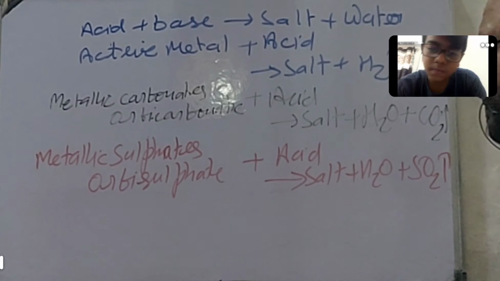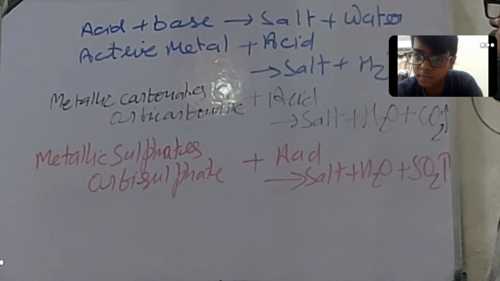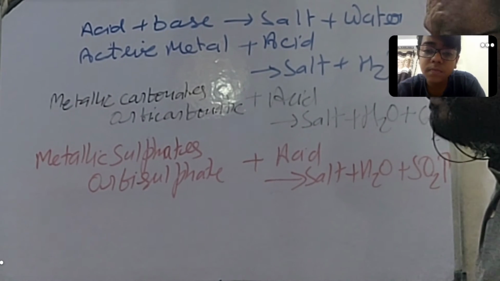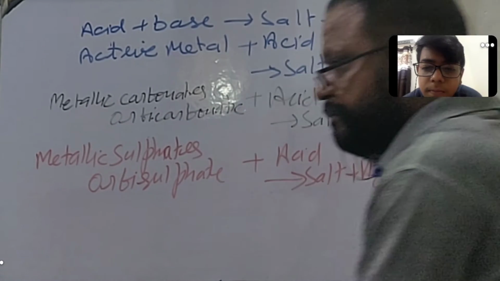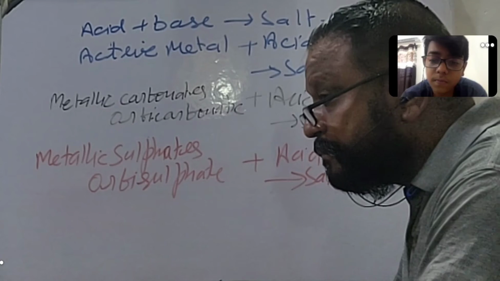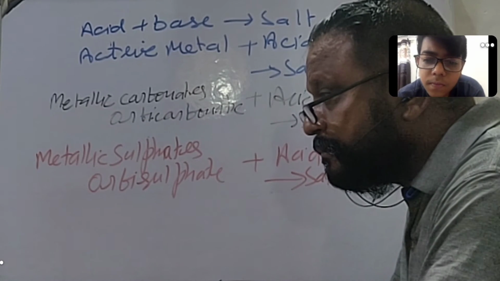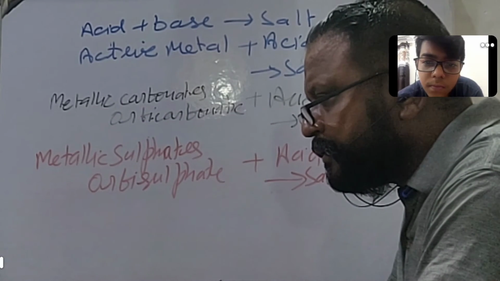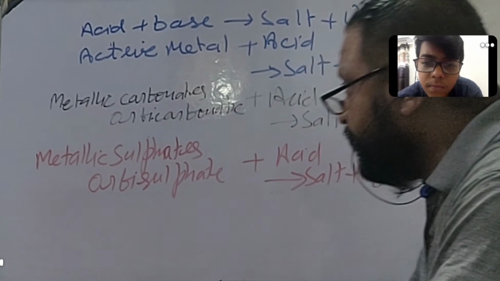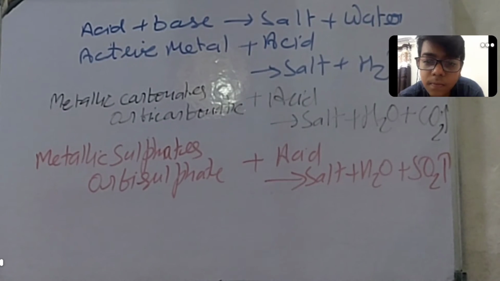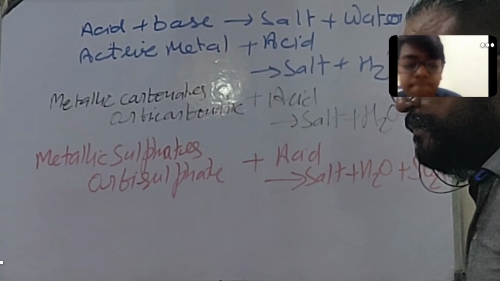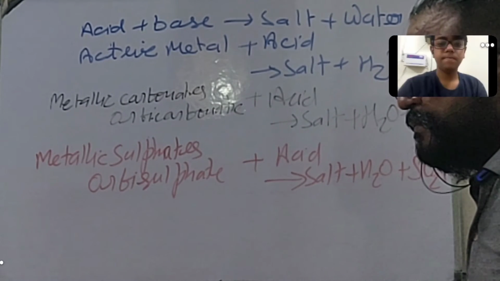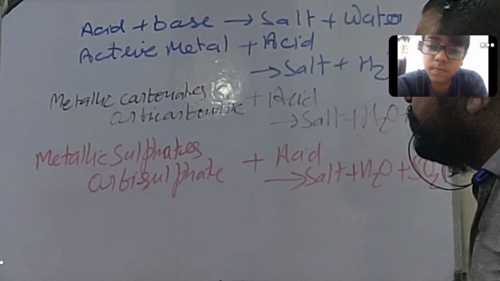And one more we have, sulfide, oxide and hydroxide. Oxides and hydroxides plus acid give salt plus water.